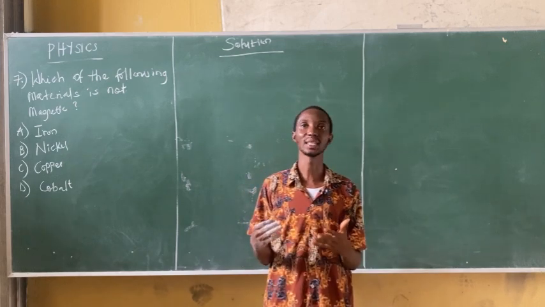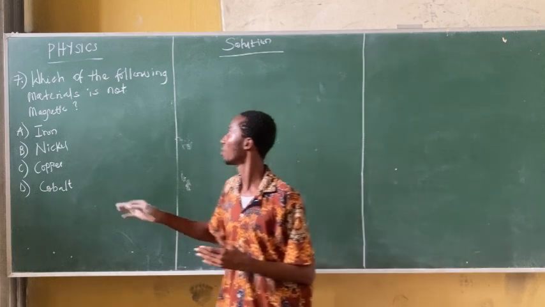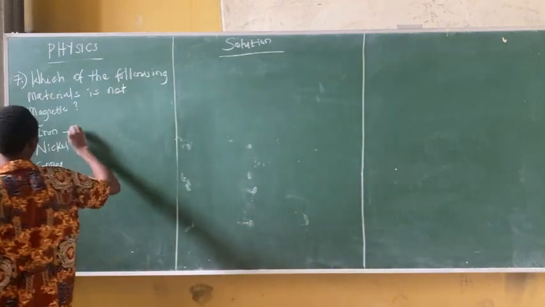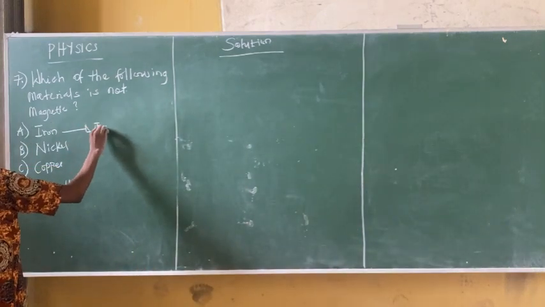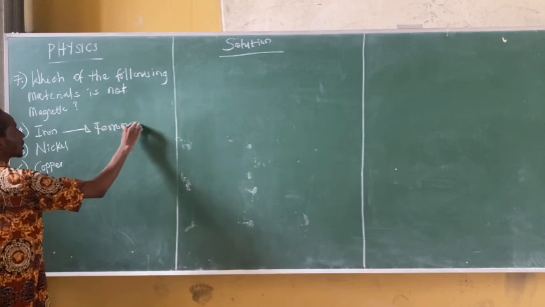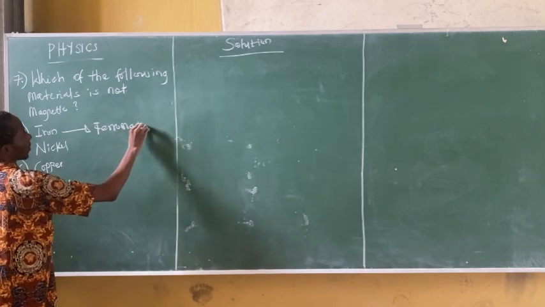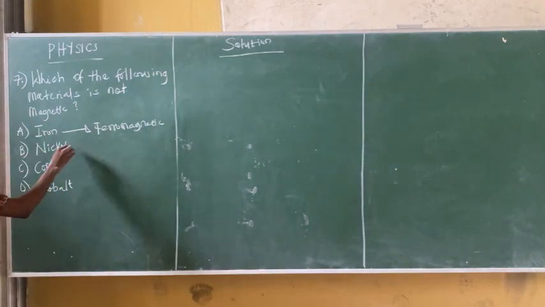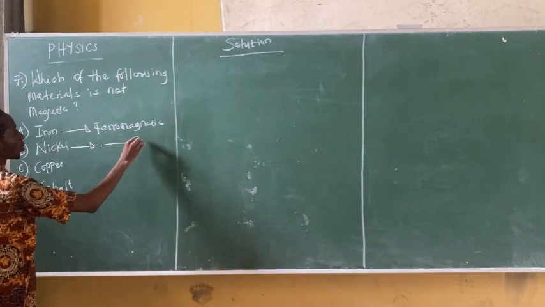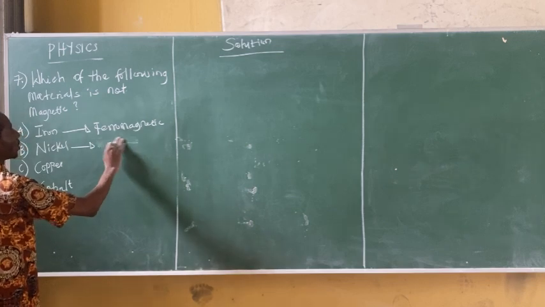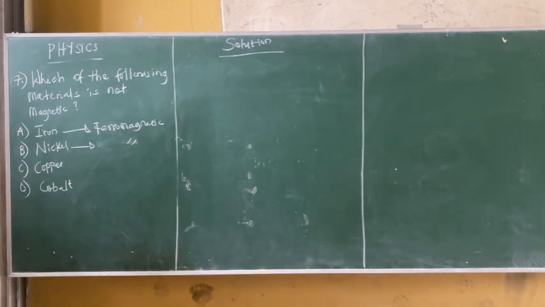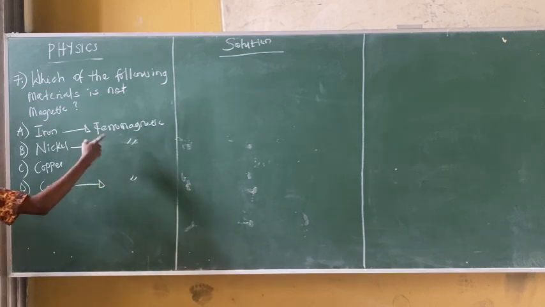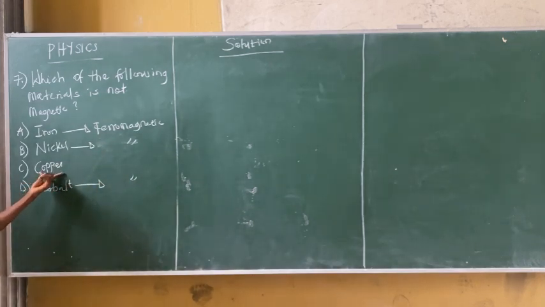Examples of ferromagnetic materials: iron is a ferromagnetic material. Nickel is also a ferromagnetic material. Cobalt here is also a ferromagnetic material. But copper is not a ferromagnetic material.